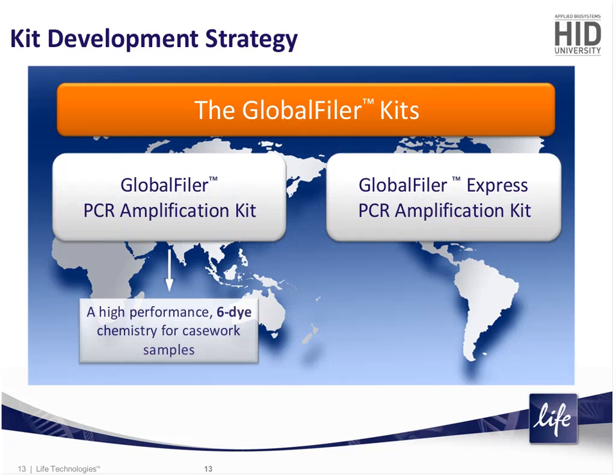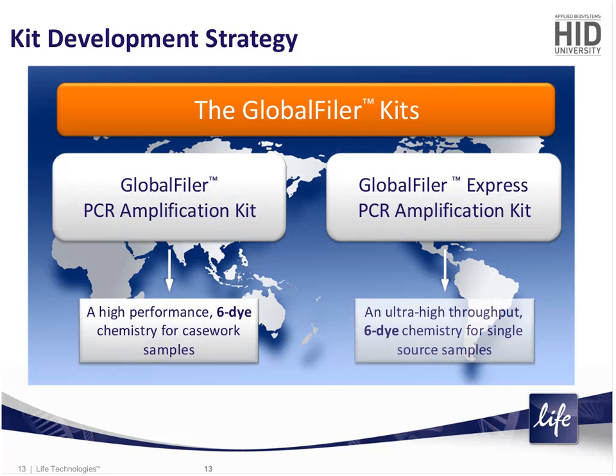The GlobalFiler PCR amplification kit is the high-performance chemistry for casework, and in order to make sure we can maintain those performance goals, we need to put this into the 6-dye format. The GlobalFiler Express PCR amplification kit is its partner, an ultra-high throughput, again 6-dye chemistry for single source samples to allow us to get those through the laboratory processes quickly and efficiently.